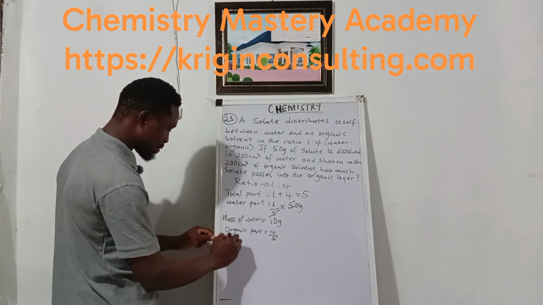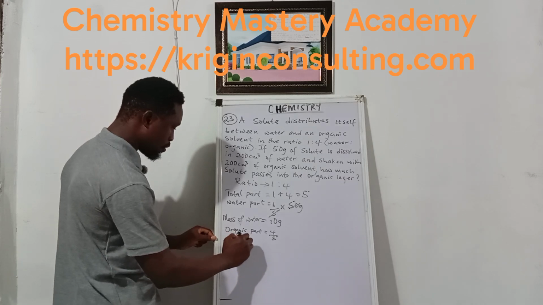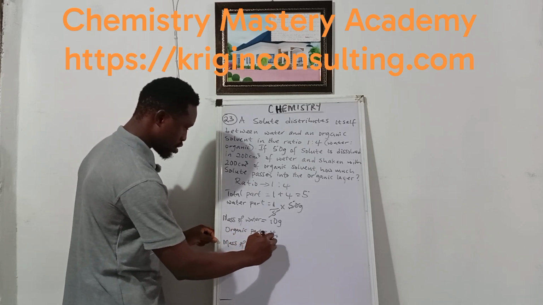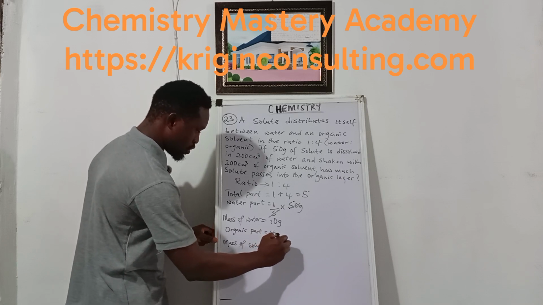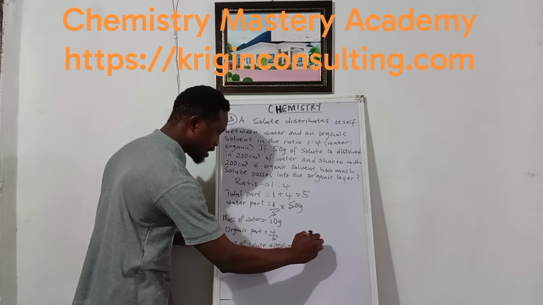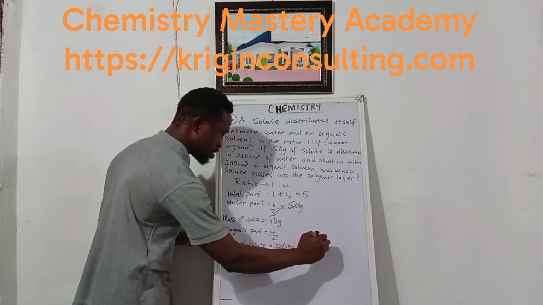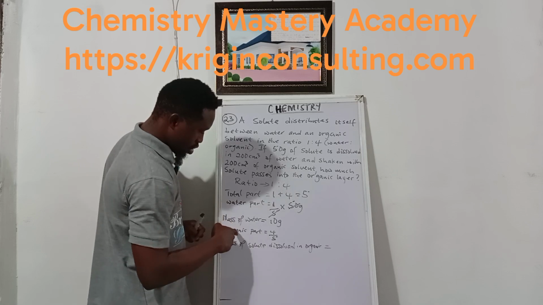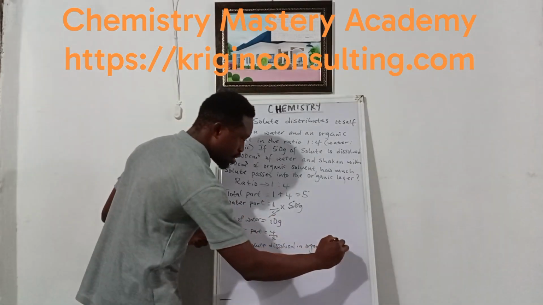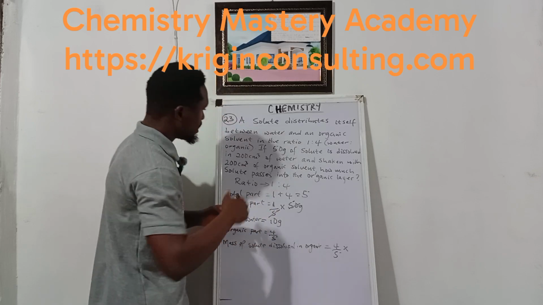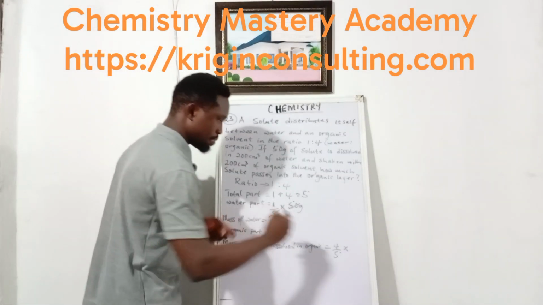So the mass of solute dissolved in organic solvent is equal to the organic part, 4 over 5, times the mass of the solute, 50 gram.